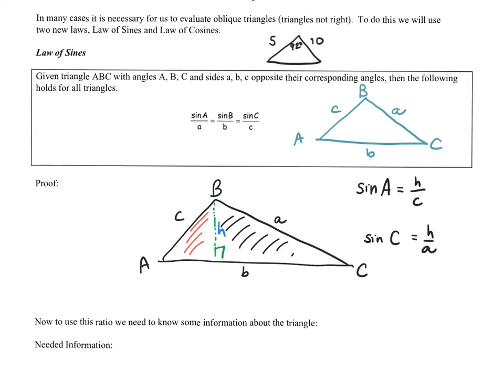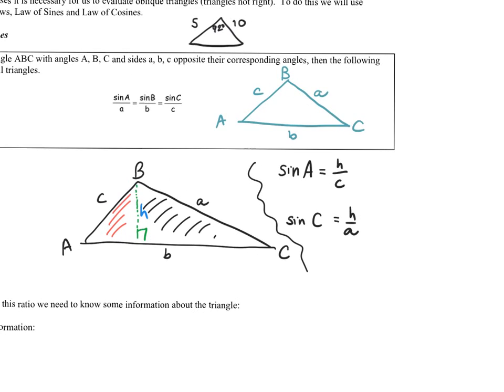So using the black triangle, opposite over hypotenuse is h over a. So now how we can solve this is we could solve both of these for h. So in this case, h equals c sine A. And in this case down here, h equals a sine C. And so I can just set those equal.